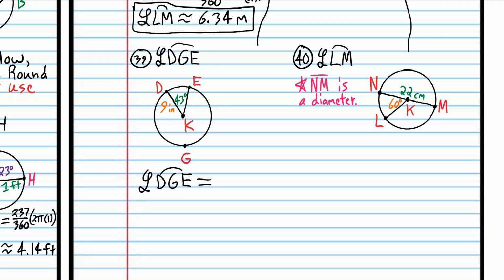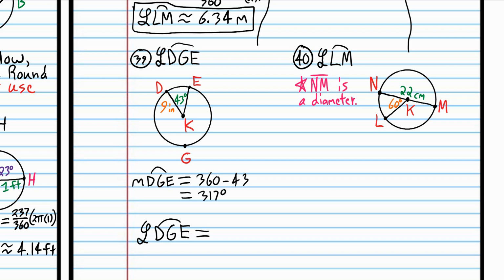First we have to find that central angle. So obviously the measure of that angle is just going to be equal to the measure of arc DGE, which is 360 minus 43 degrees, which equals 317 degrees.